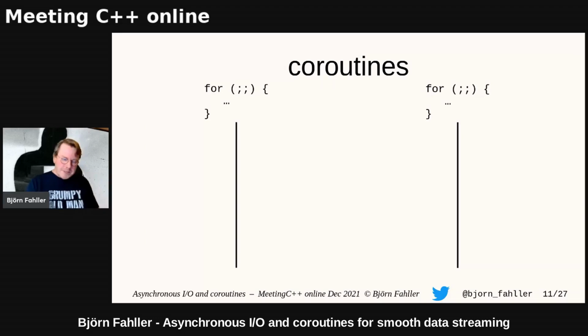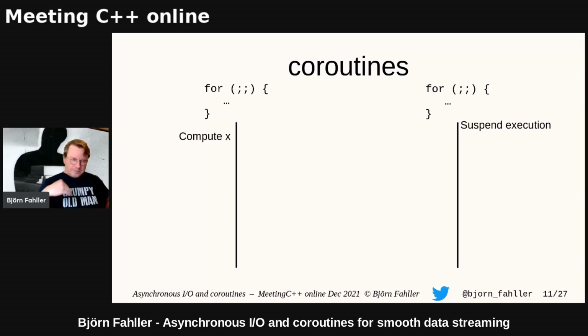So what happens then, though, is we see an example here with 2 coroutines. Both are written as loops that just go around and do something. The one to the right starts suspended, and the one on the left can now do some computation.